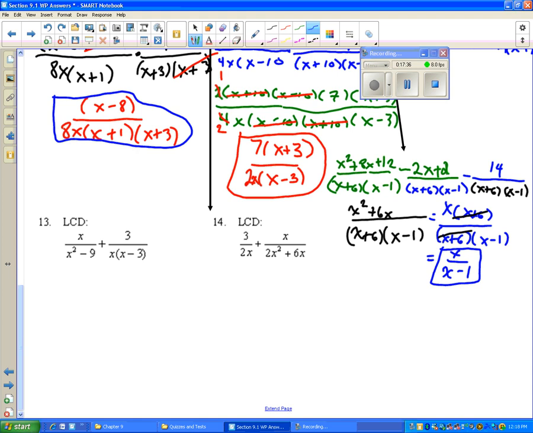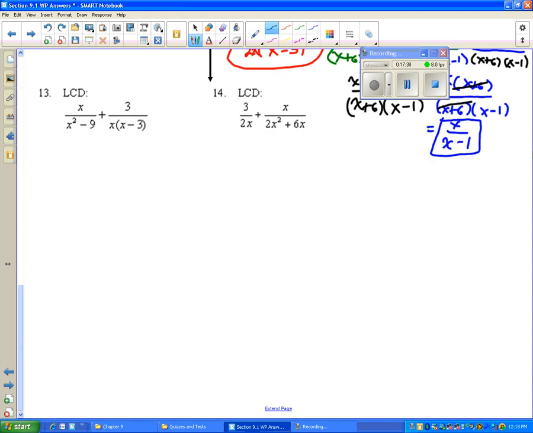Okay, let's go on to problems 13 and 14. Again, I'm adding here, so I want to make sure to keep the denominators. This is going to be x plus 3 times x minus 3. So my LCD, I'm going to need an x plus 3, I'm going to need an x minus 3, and because of this, I'm also going to need an x.